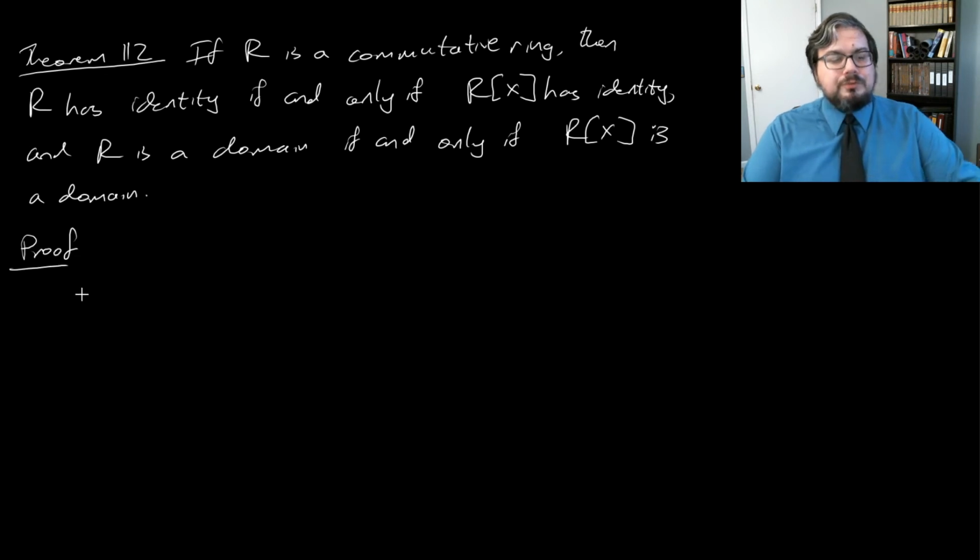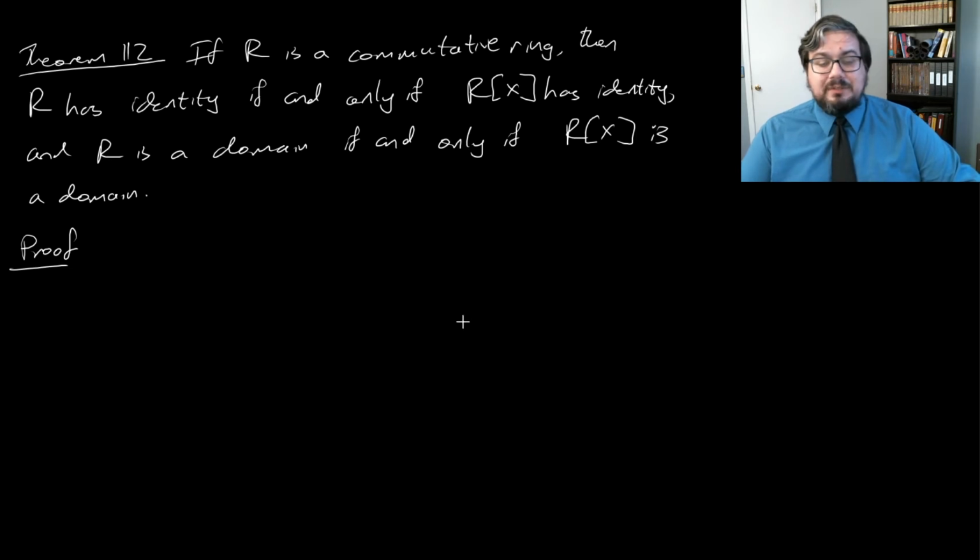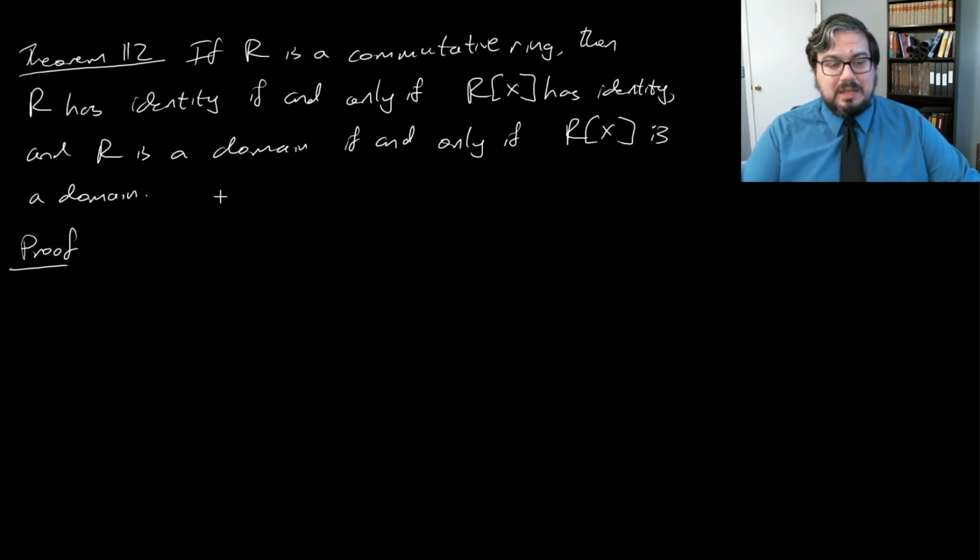We'll prove the result for the identity, then we'll leave the domain part as an exercise. We want to show that R has an identity if and only if R adjoin X has an identity. So let's suppose that R has identity 1.